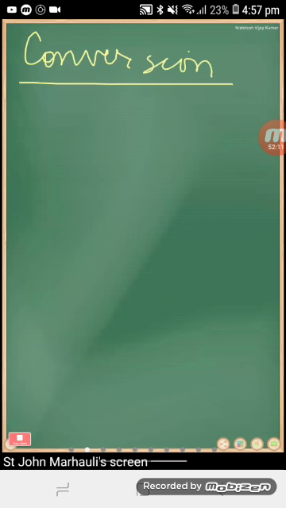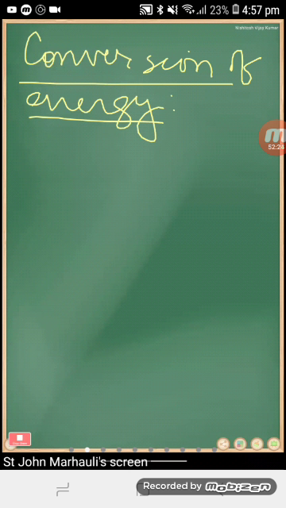That is, energy can neither be created nor destroyed, but it can be transformed from one form to another. And the other fact says that the sum of the total energy in this universe is always constant.